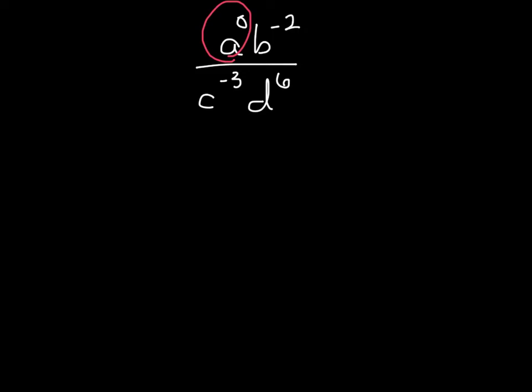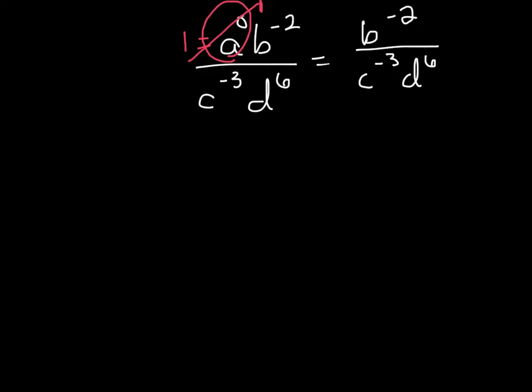So it doesn't matter what a is at all, it's just going to be equal to 1. So this whole term kind of just disappears. We know it's there, but it just turns into a 1. So what remains is b to the negative 2 over c to the negative 3 d to the 6th.